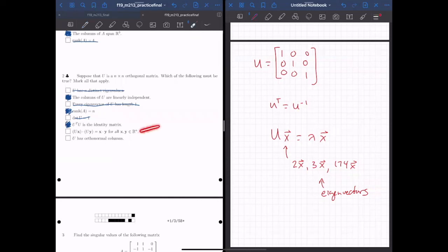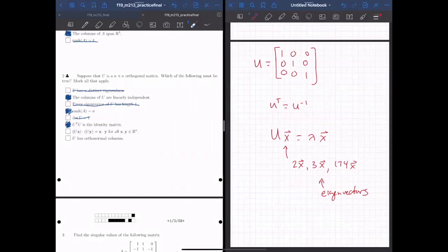What about this next fact here? The dot product of Ux and Uy is equal to x dot y. Well, U won't change the magnitude of x or y, and it shouldn't change the relationship between them. That's the theorem we talked about earlier today, that orthogonal matrices don't alter the dot product of vectors.